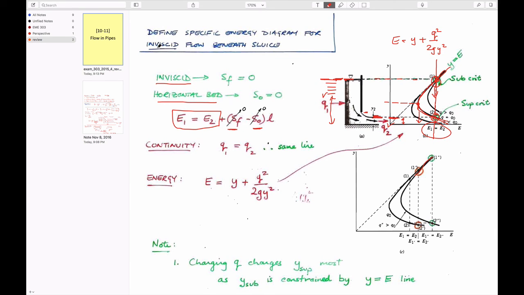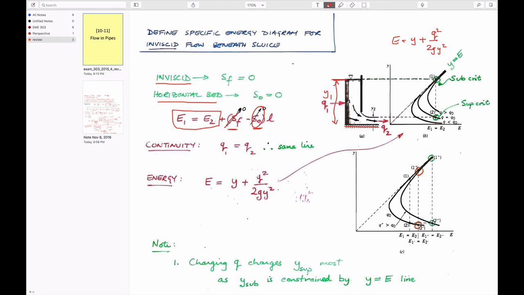So maybe to summarize, I'm not sure we need to go through the remainder of this, which is probably good for you. If you have a flow between an upstream location where you know the flow rate Q1 and the depth, you know it's on a horizontal base, so by definition the energy loss on the horizontal base is zero.